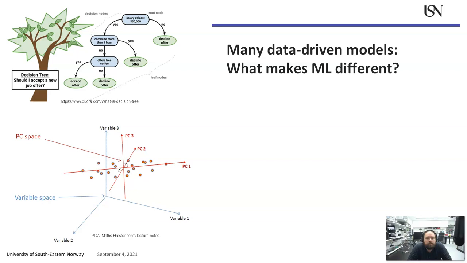I mean, I said before also that most of machine learning techniques have been invented by statisticians, and statistics is also in general concerned with making models from data. So there are lots of techniques out there that do something similar to what I've been talking about, which is extracting knowledge from data. And one question that is very often asked is, but what makes machine learning then different from everything else that tries to extract knowledge from data?